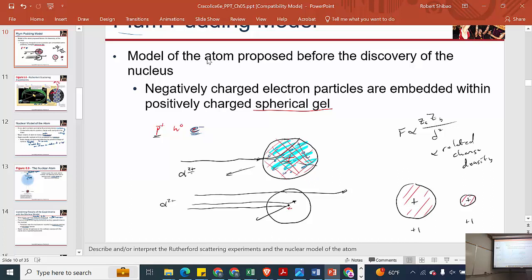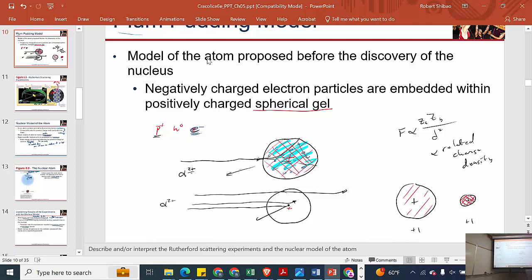But then you'd expect them to behave differently because of how concentrated the charge is. The more concentrated the charge, the more force.